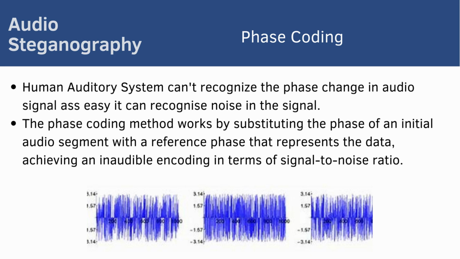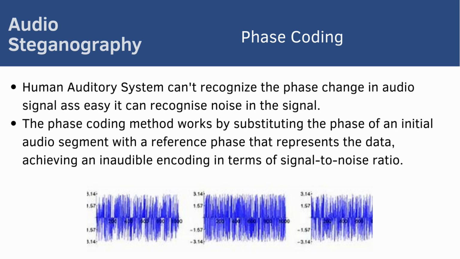So what happens here is that the original sound sequence is broken into a series of n short segments and then DFT is applied to each segment to create a matrix of phase and magnitude. The phase difference between each adjacent segment is then calculated.